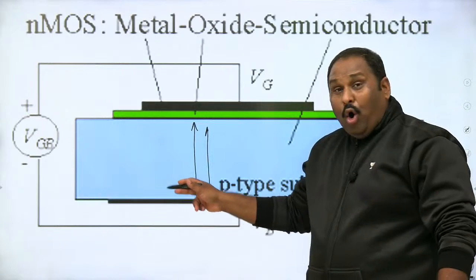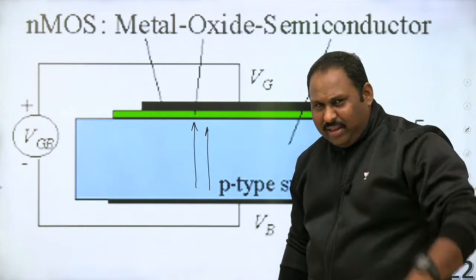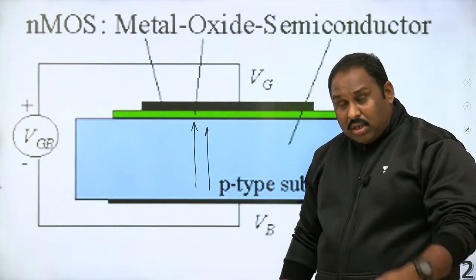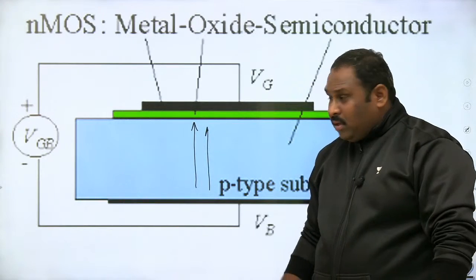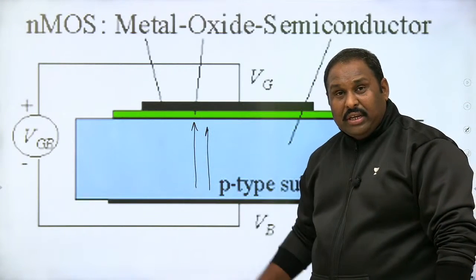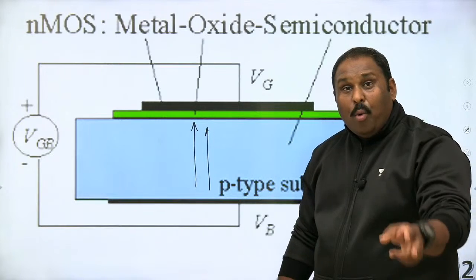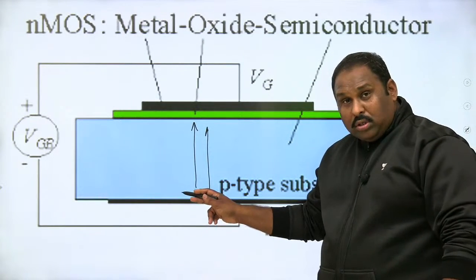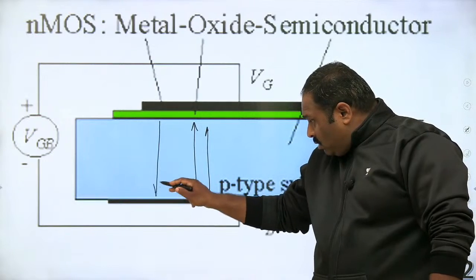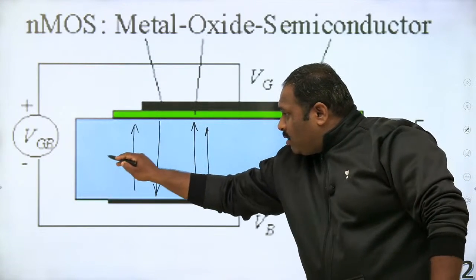That voltage will pull all your holes, all your majority carriers. After that, reverse the voltage and start giving threshold. Opposite polarities will start to come, meaning the holes have to go down and electrons have to come up.